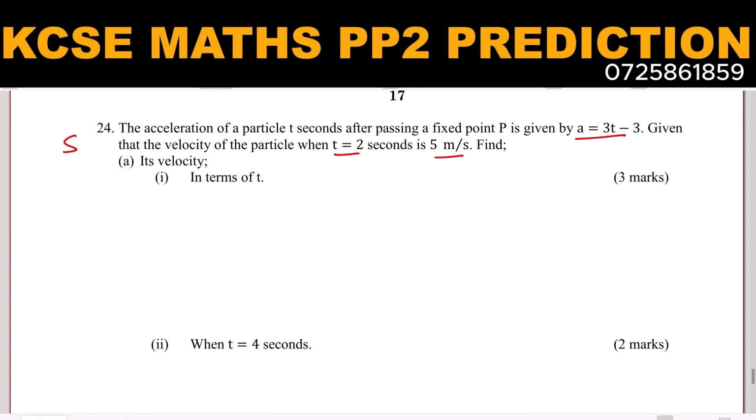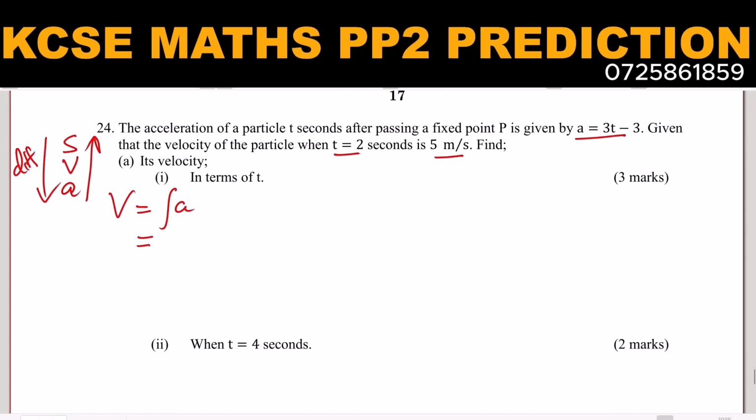When you're given displacement, you differentiate displacement to get velocity. You differentiate velocity to get acceleration. That is the downward movement, you differentiate. If it is the upward movement, for example in this case, you're given acceleration and you're supposed to get velocity, you actually integrate. You're going to get velocity by integrating acceleration.